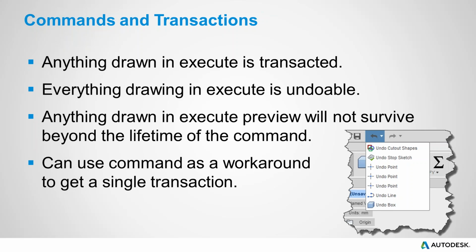We haven't exposed transactions as a concept in the API yet, but you just get them for free by using a command. So today, since transactions aren't exposed by themselves, you can use a command as a workaround to group a bunch of stuff you've done into a single transaction.